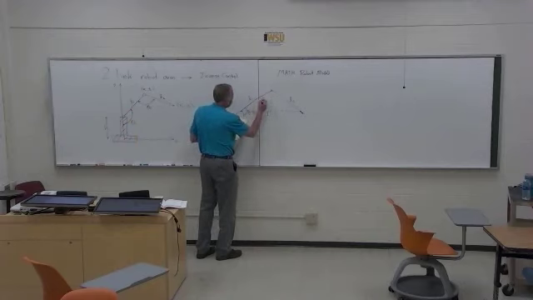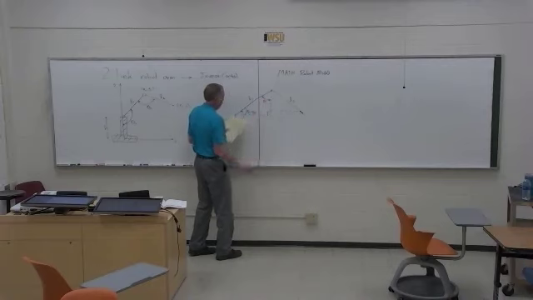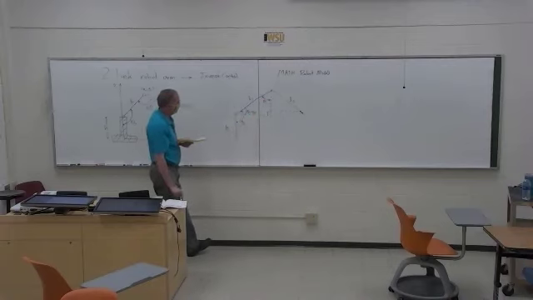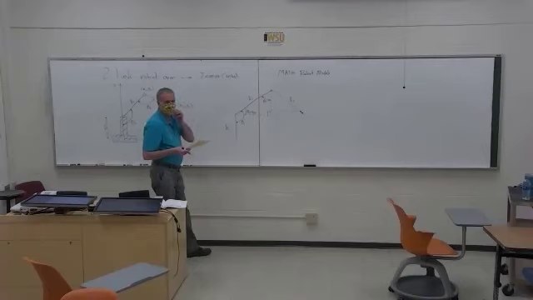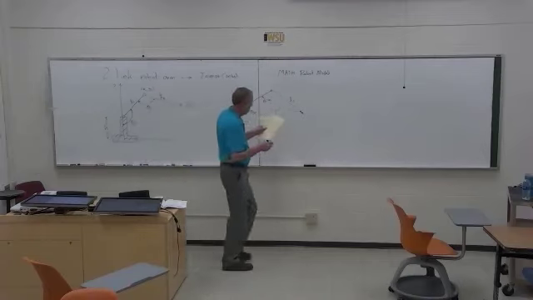Figure out what this is. I'm going to call it just theta. We can figure out what it is relative to θ1 because of the sum of the angles of the triangle at 180. So that gives us the formula.